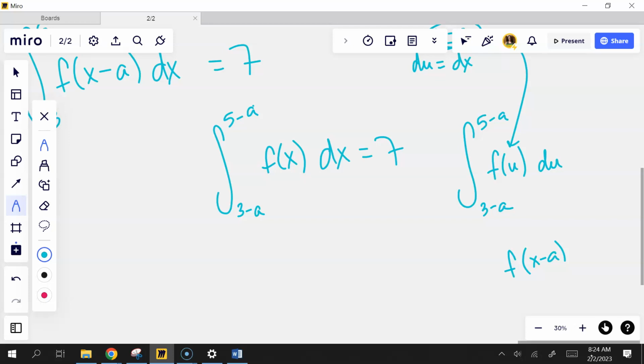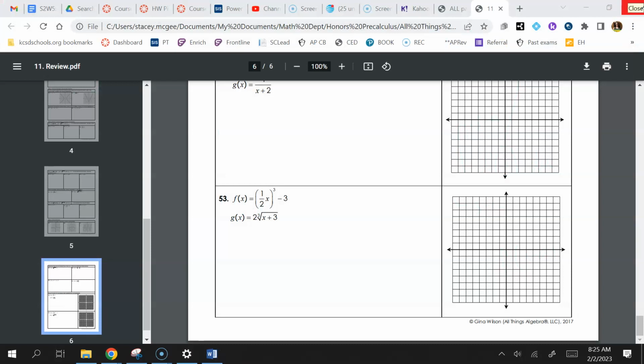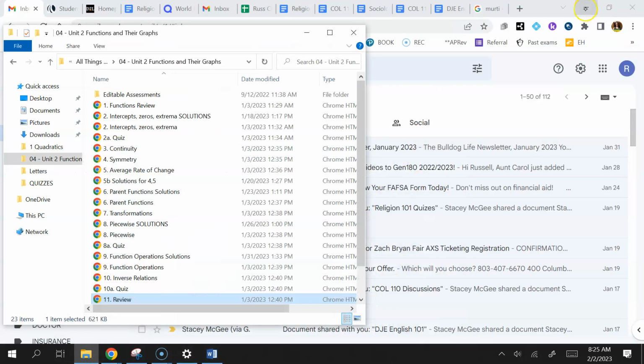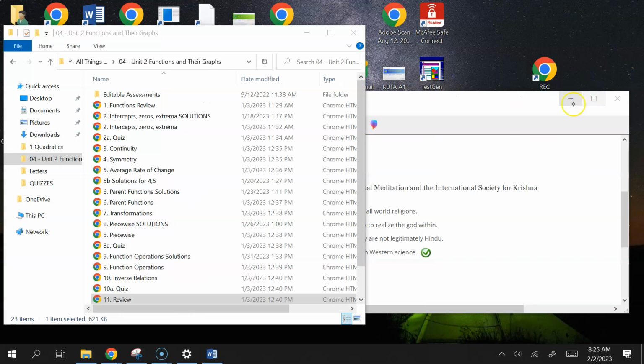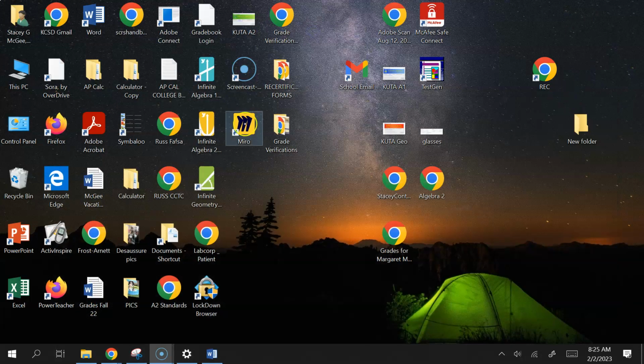Well, let's see. Which one of the graphs does it look like? Does it look like sine or cosine? What's the difference in the two? What's the graph of sine look like?